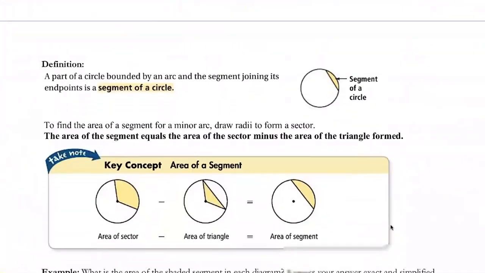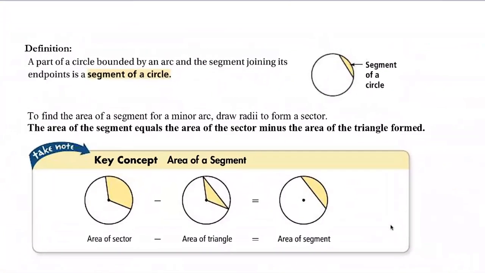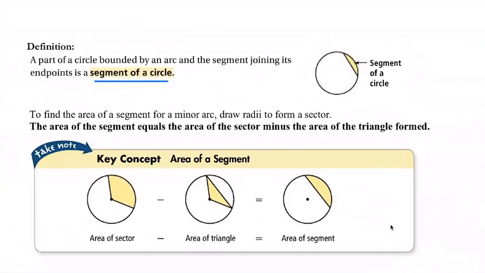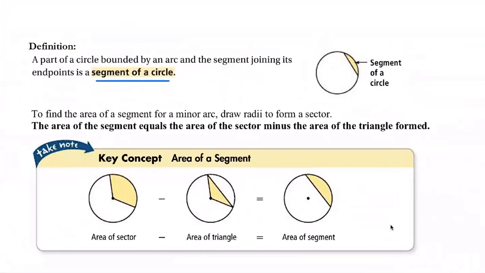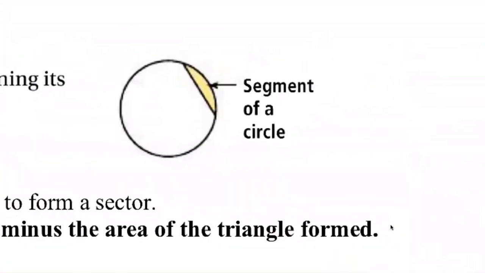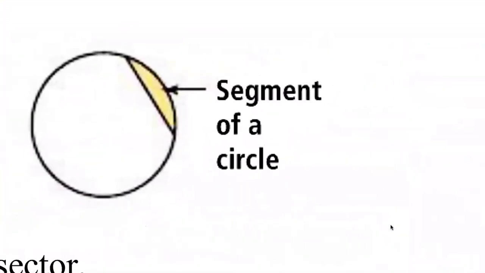Okay, the last idea here is what's called a segment of a circle. A segment of a circle is a part of a circle bounded by an arc and the segment joining its endpoints. Basically, think of it like a chord cutting off a segment of the circle.